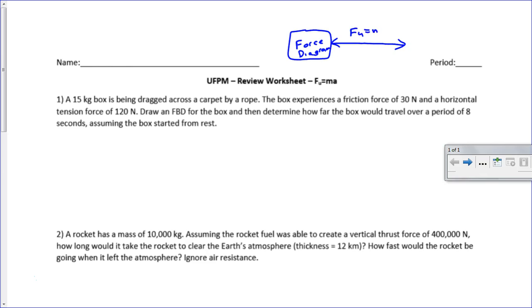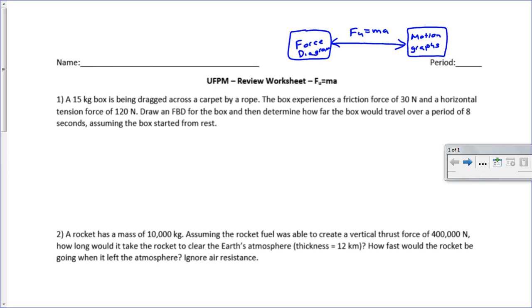We have this Fu equals Ma equation, and then we can do the motion graphs. And so this is how I think about it in my head.